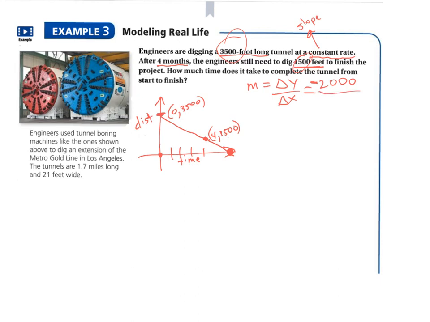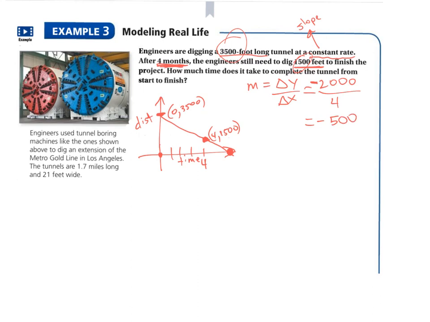Okay, so let's go back. How much time did it take to get to this? What was the change in x? The change in x was 4, right? It went to 4 months, right here. So therefore, my slope is negative 500.